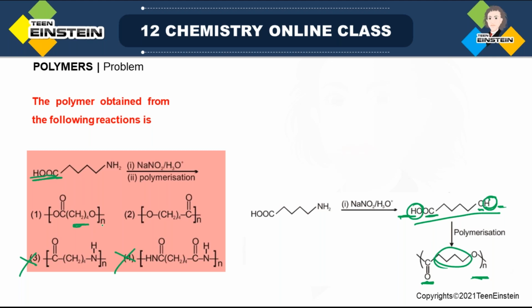Now 4 carbon is present in both cases. But if you look carefully, in option 1 you have COO. Here you have only C double bond O, and this side is the same for both. But as we have seen, this OH is taking part, so it cannot remain in the repeating unit. Only that part will be in the repeating unit which is intact. So that is why option 2 should be the correct option, not option 1.